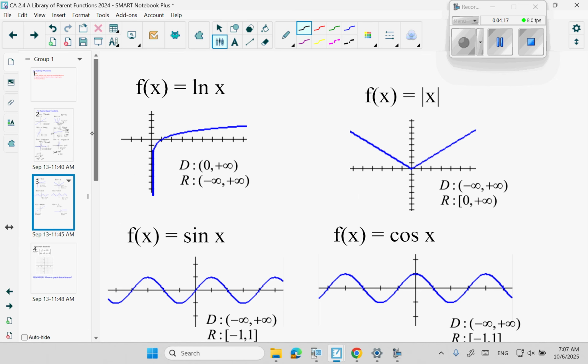All right, next we get the natural log function, ln of x. Interestingly enough, we just saw that natural log of 0 doesn't work. So the domain is 0 to infinity, and the range is unbounded.